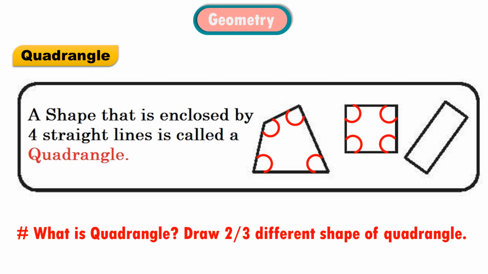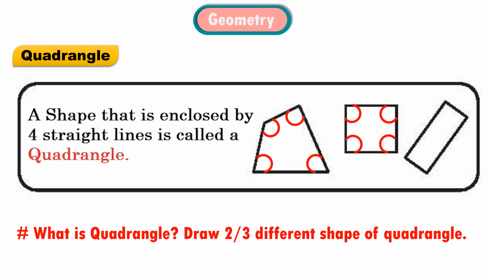So my dear students, that was all for this first semester geometrical part, where we have three different definitions and three different shapes. First of all, we need to know about the side, then the triangle, and then the quadrangle.